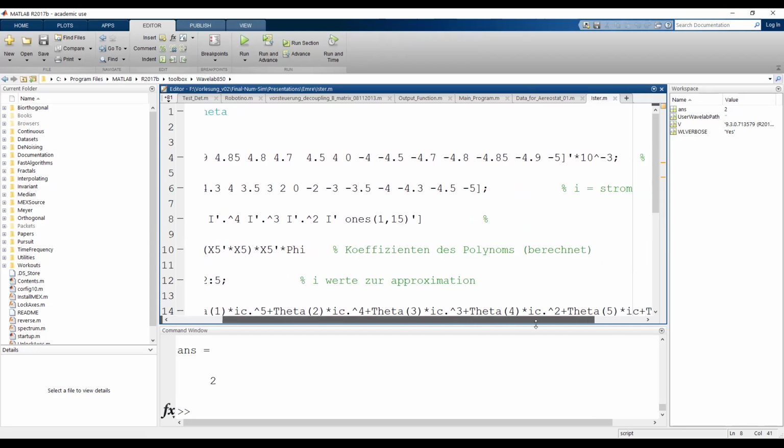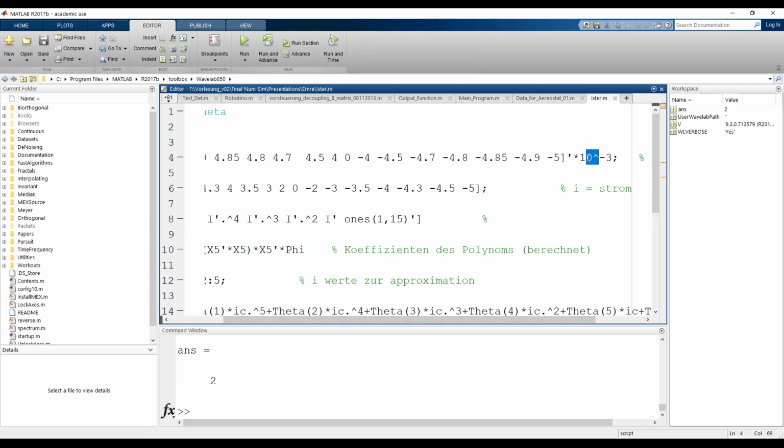Line 4 is exactly the vector of the measurements. We have 15 measurements in this case. Nevertheless, the unit reflects a little bit the real measurement, but the sequence is an artificial sequence, in order to be able to clarify some concepts.